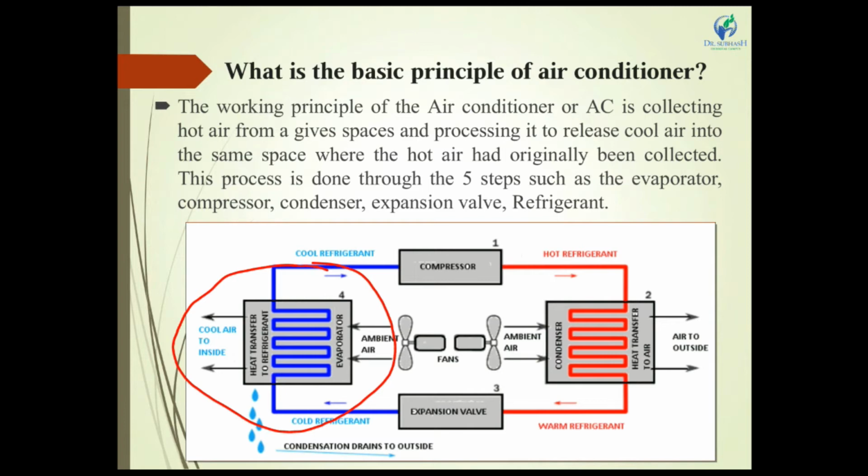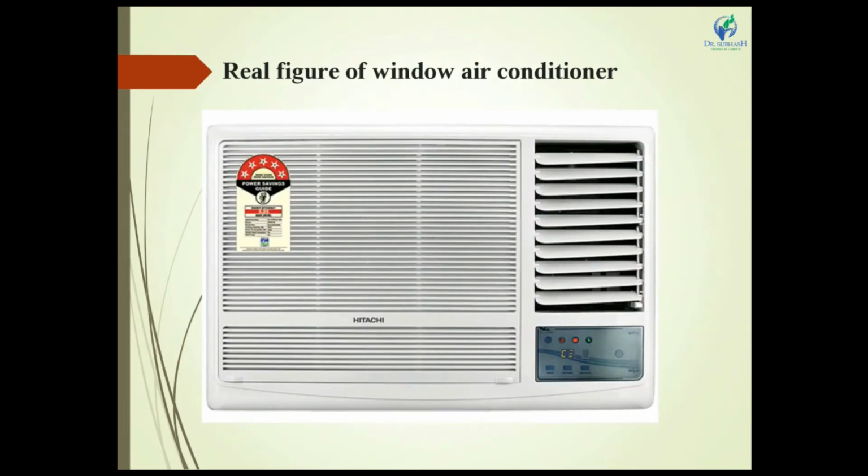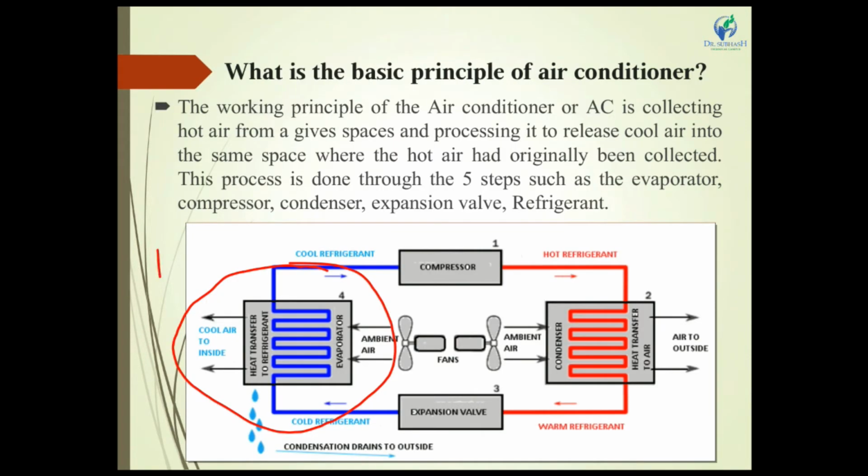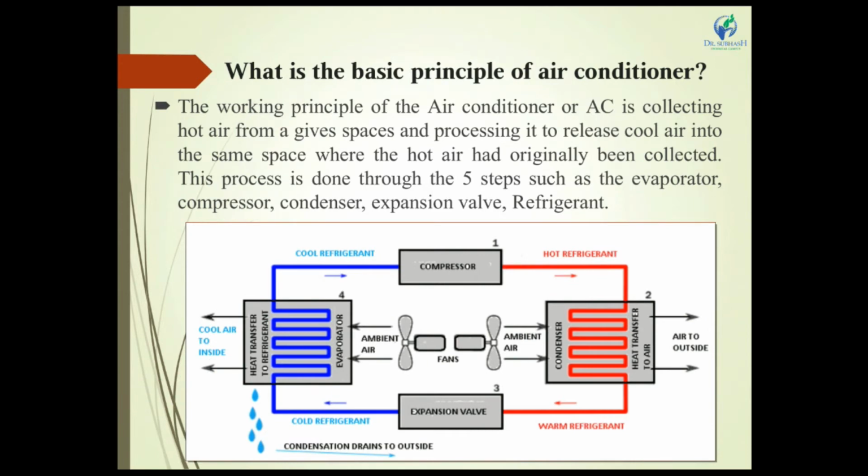The evaporator temperature is very low compared to room temperature, so it absorbs heat from the room, since heat always passes from higher temperature to lower temperature. The liquid refrigerant in the evaporator absorbs the heat from the room and converts into gas or vapor at the latent heat condition.